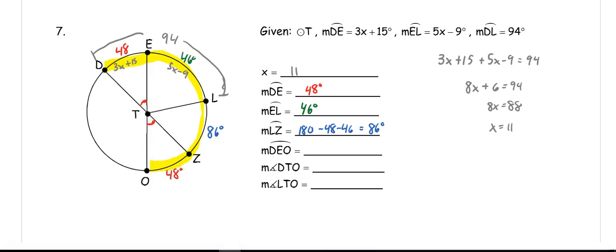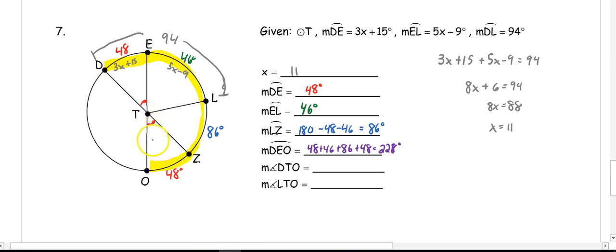So to find DEO, we can just add 48 plus 46 plus 86 plus 48 together. And when we add those together, we get 228 degrees.